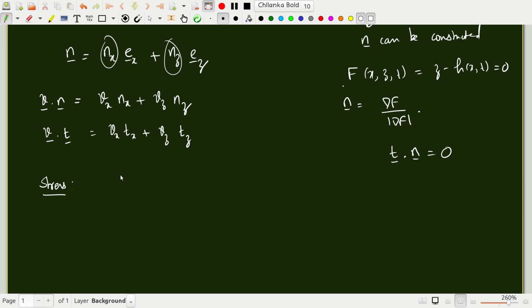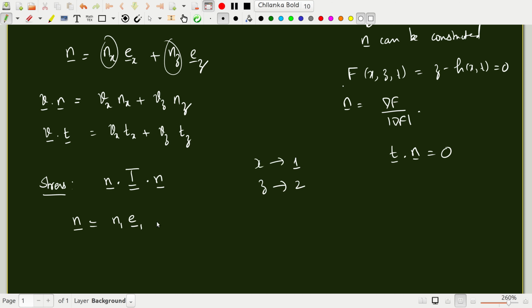Now the stress is given by T dot n, and if you have a normal component you need n dot T dot n. So instead of x and z I'm going to assume 1 and 2. Let's think of x as the direction 1, z as the direction 2, which makes the writing easier.